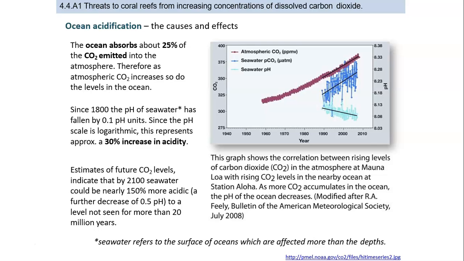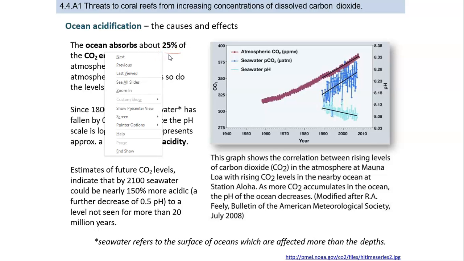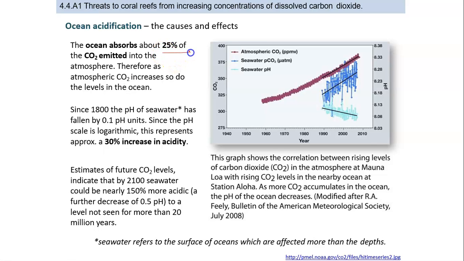So, ocean acidification. Here is the graph. The ocean absorbs about 25% of the CO2 emitted into the atmosphere.